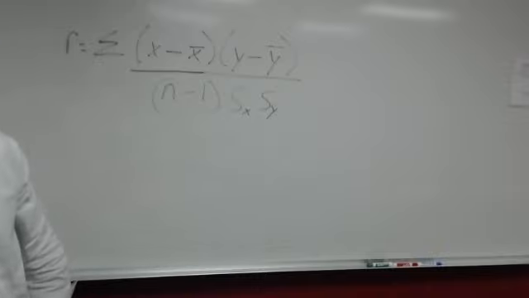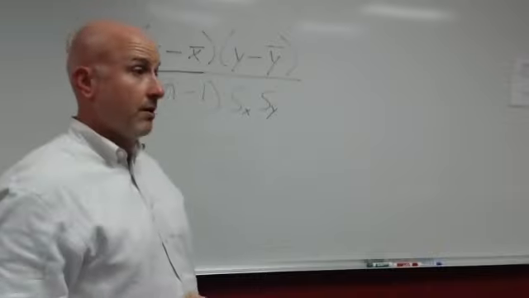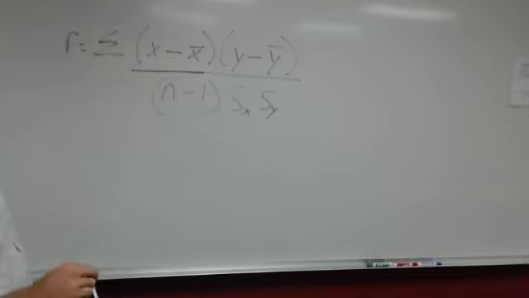All right, so the first step, we're just going to flip back here. What does it tell us to do first? The first step in determining the regression equation is to what? Find the slope.